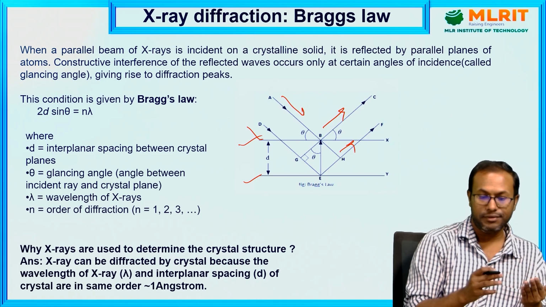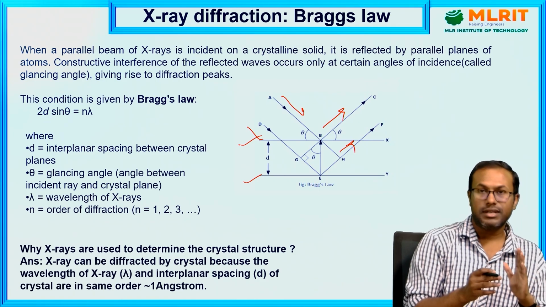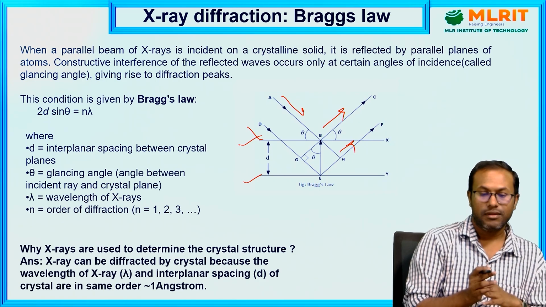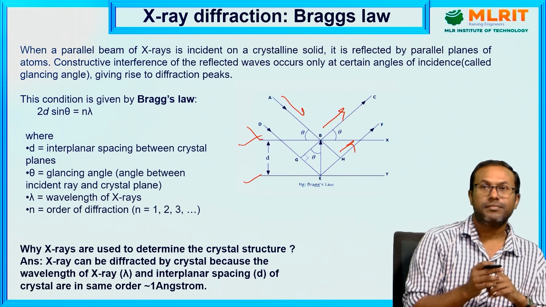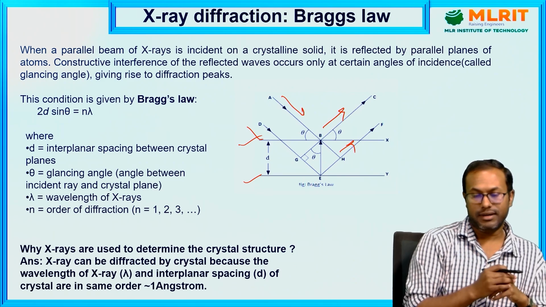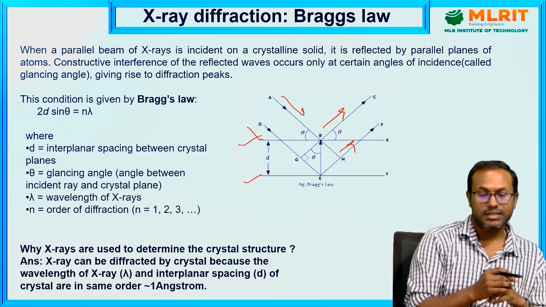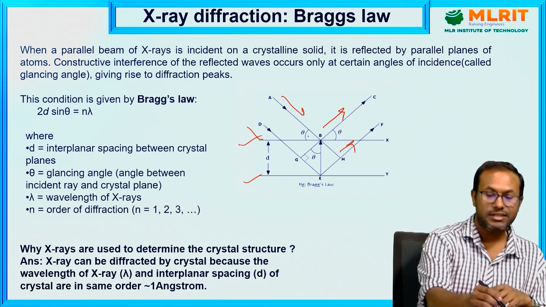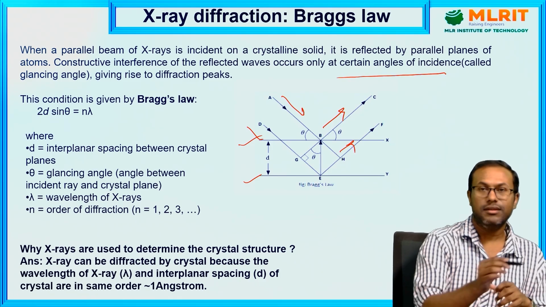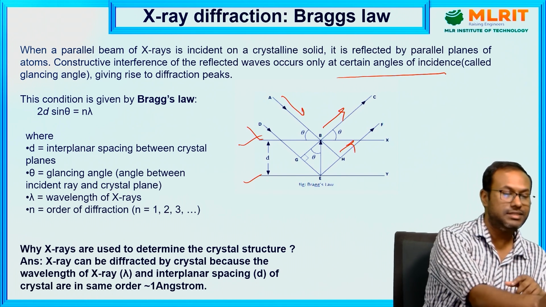When constructive interference happens, we can get a diffraction pattern, and this only occurs when the light is incident at a certain angle. That angle is called the glancing angle.